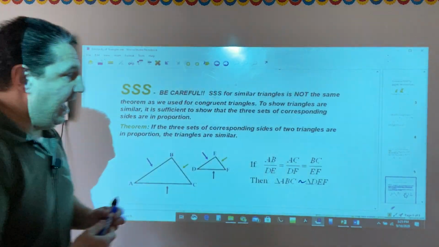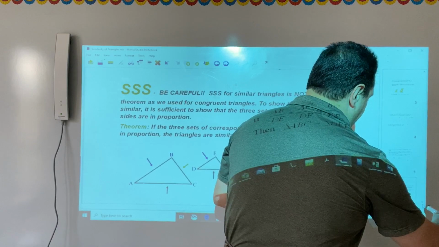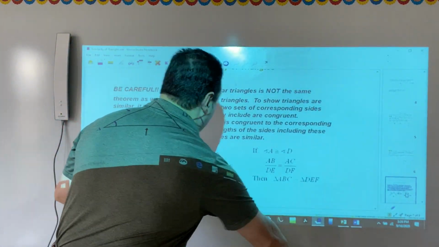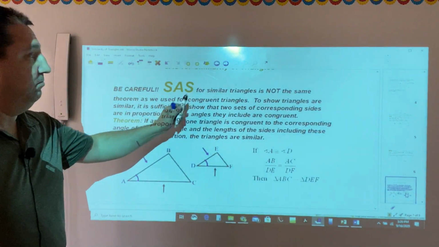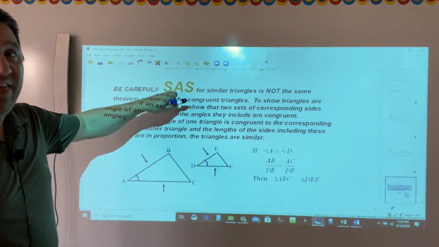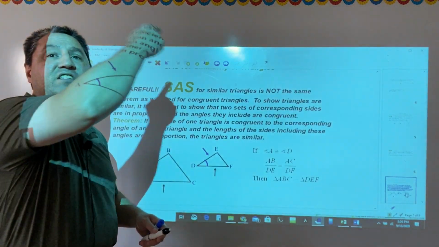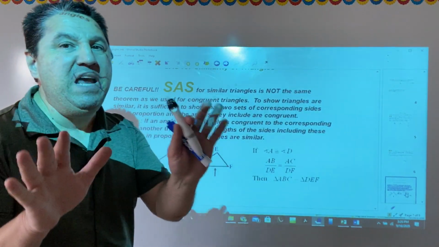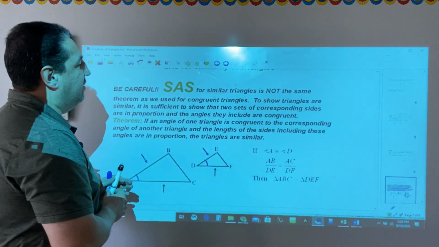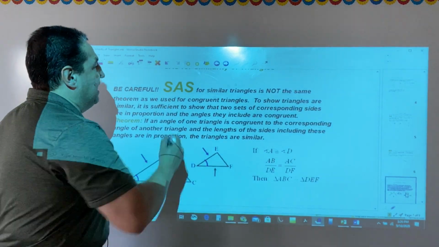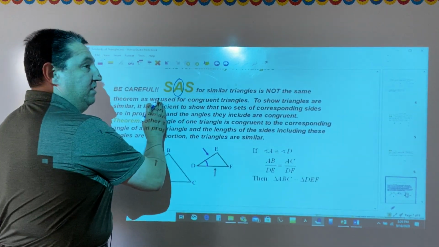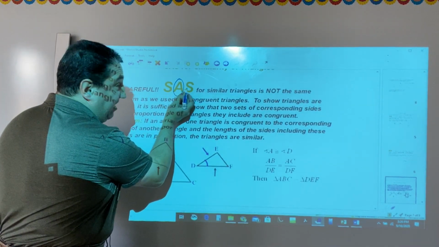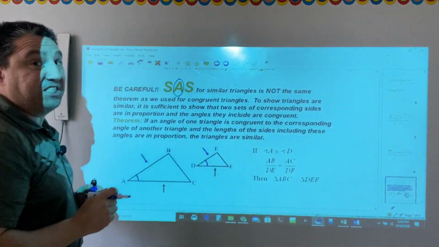Good. And the last case of similarity is so-called SAS. Again, despite we have the same name as SAS for congruency of triangles, SAS has different meaning here. Now, as we see here, again, the order of letters matters. As we can see, the angle is included by sides.